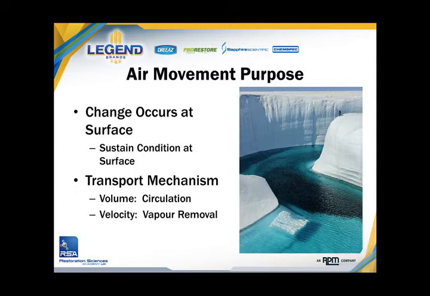The flow of air over a wet surface removes the evaporated water from that drying surface and allows the wet material to be in direct contact with much warmer and drier air. Without air movement, much like the ice cube in stagnant water, evaporating water forms an insulating blanket around the wet surface and prevents additional drying from occurring at an expedited rate.